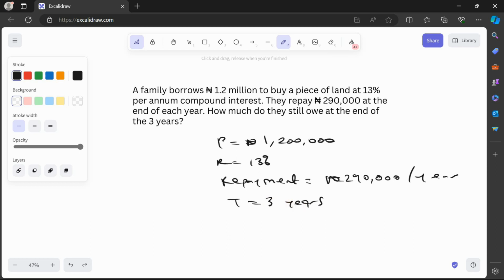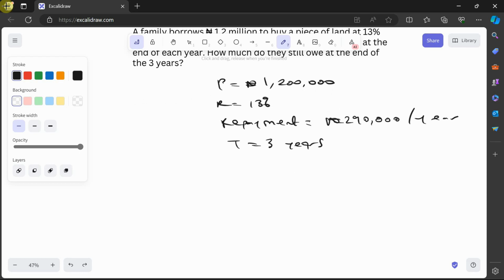This is actually a very tricky question that I'm not going to just start using the formula for. You have to think about it very well. And for this question, you have to break it down into bits. So for the first year, the total amount owed, inclusive of the interest, will just be P times 1 plus R over 100 raised to the power of T, right?